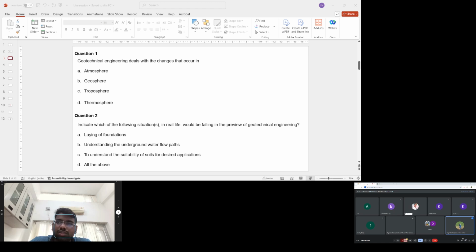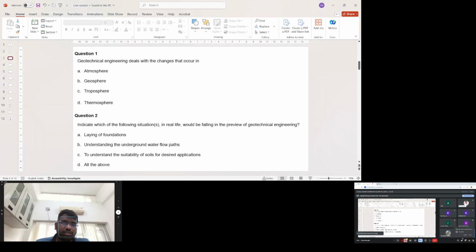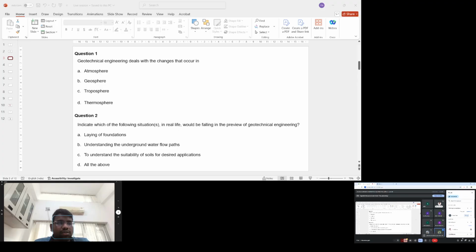In this area, people try to understand how biological aspects, that is microbes or plantations or roots, interact with the soil. Is it for agriculture purpose, sir?